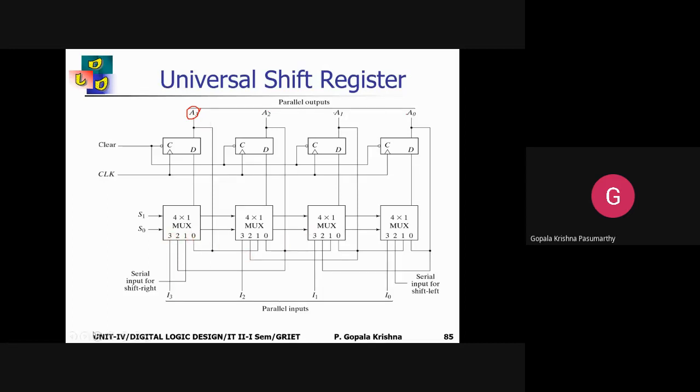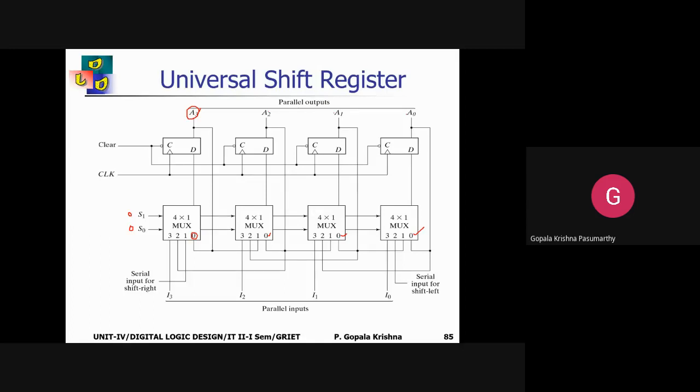Now we will see what will happen if S1, S0 are 0, 0. The logic is very simple. If S1 and S0 are 0, 0, the 0th input will be selected from every multiplexer.